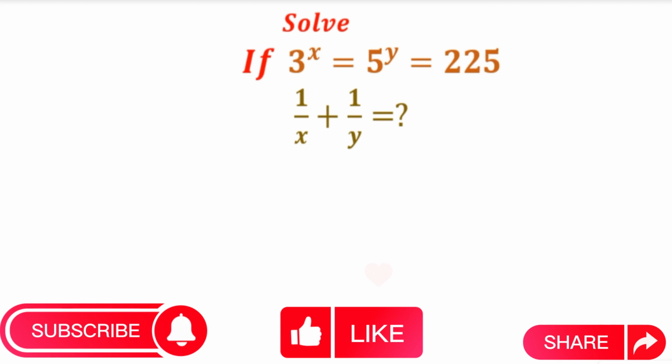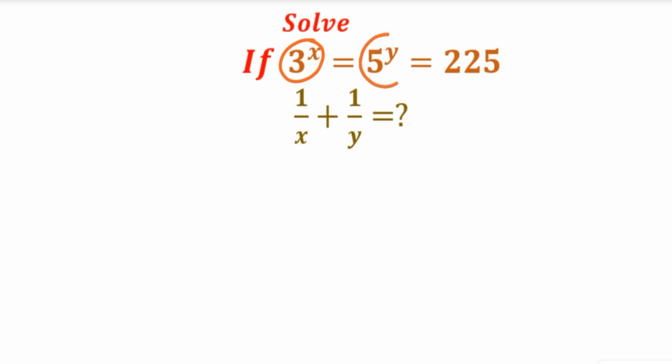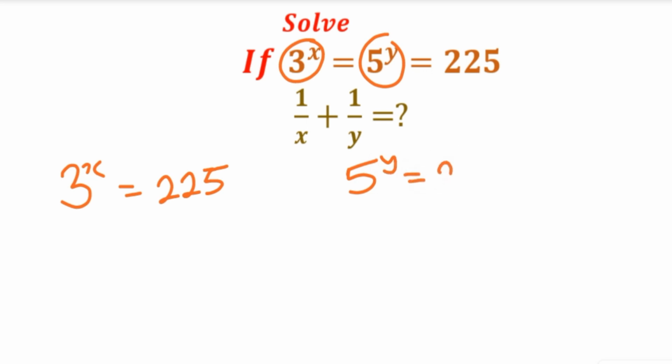Now let's start. To start with, we are going to simplify this expression and also this expression. Note that from the statement, 3 to the power of x is equal to 225, and 5 to the power of y is also equal to 225.